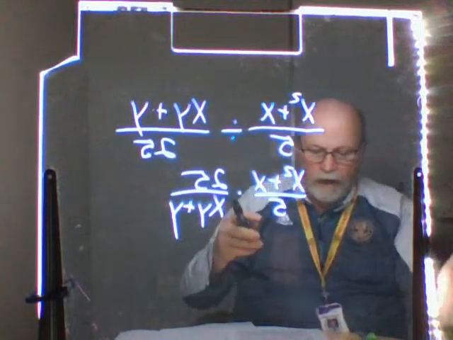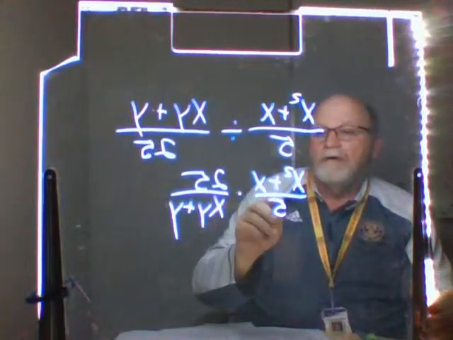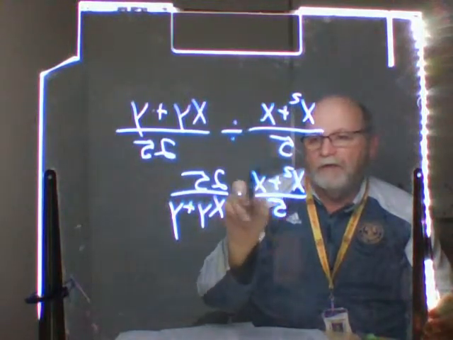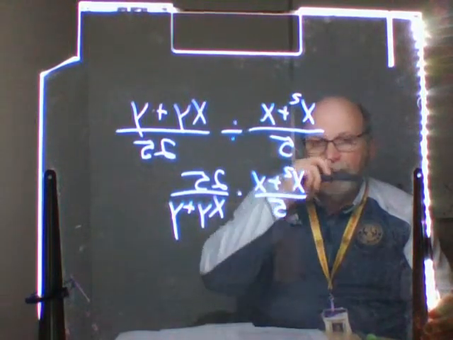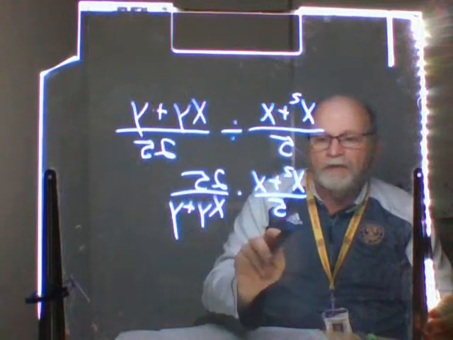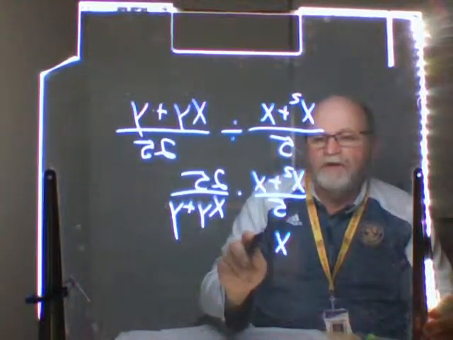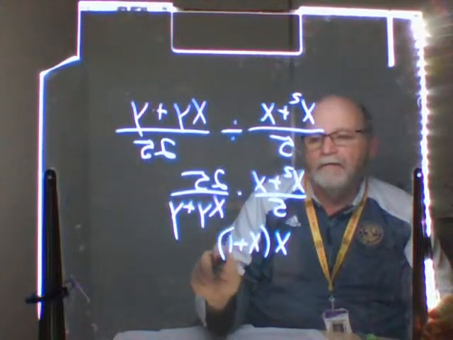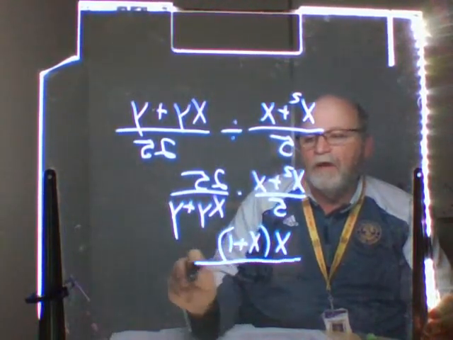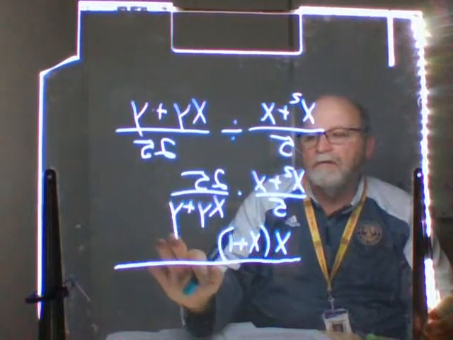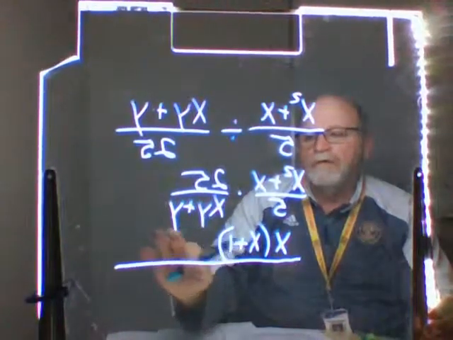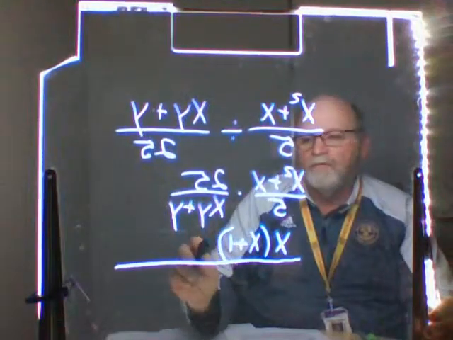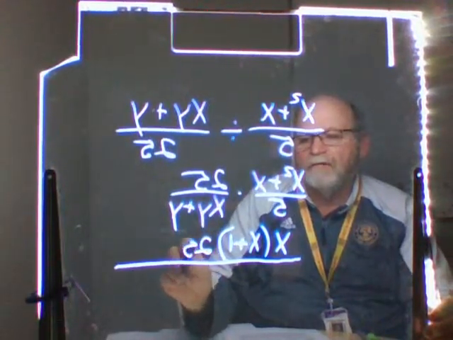Before I do that, I need to do a little bit of factoring here, right? This x squared plus x, I can get a greatest common factor out of that, and then I make that x plus 1. Okay, and then I'm going to draw my line all the way across here, because that's what we can do.